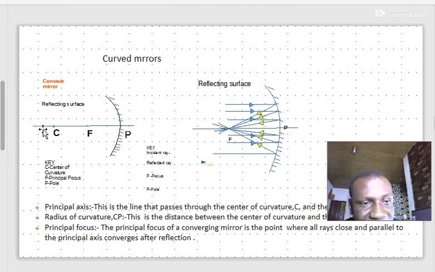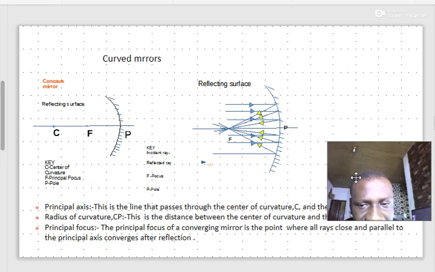That means the center of curvature is the center of the sphere from which the mirror was cut. And the distance between the center of curvature and the midpoint of the mirror is called the radius of curvature. The midpoint of the mirror is the center position of the curved arc that was cut. That point is called P.